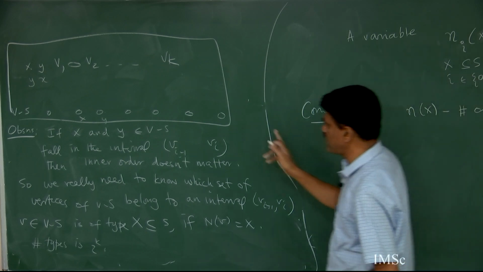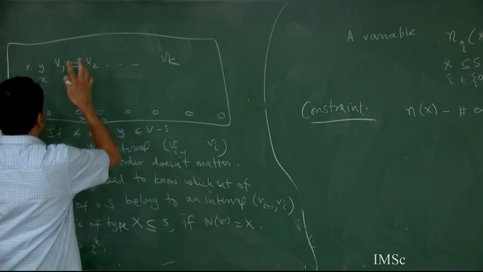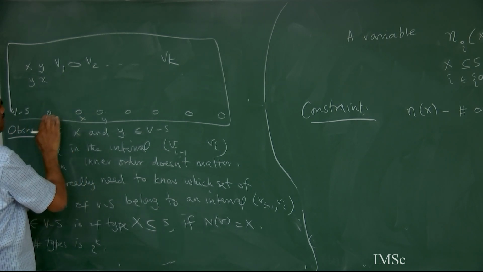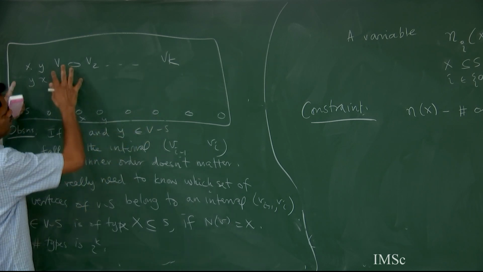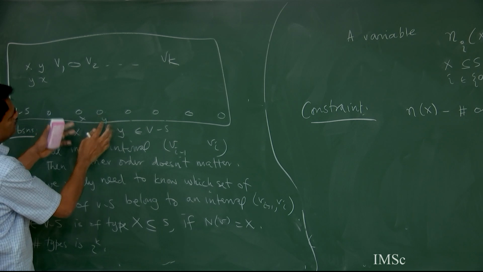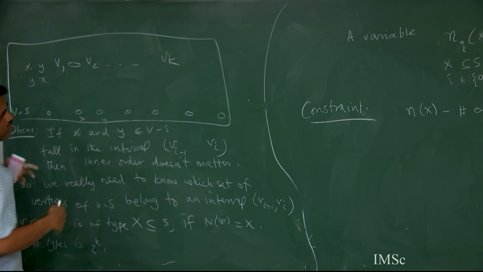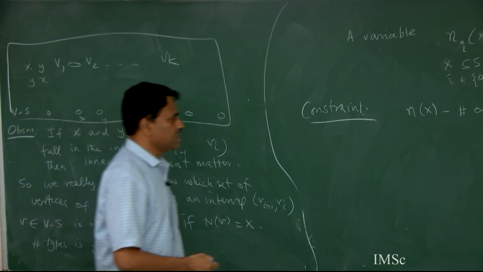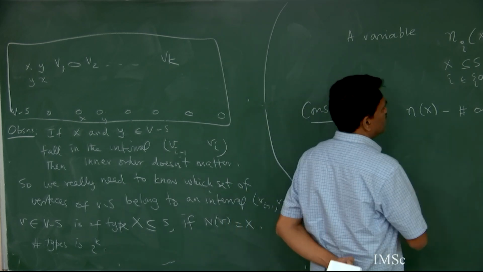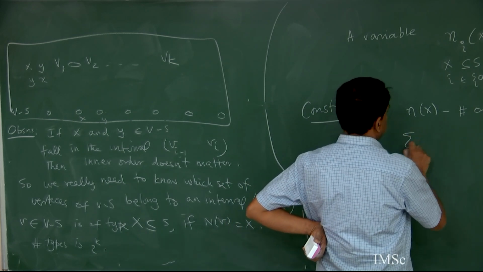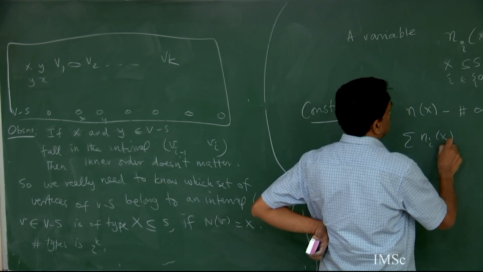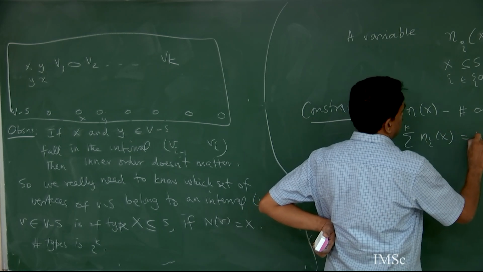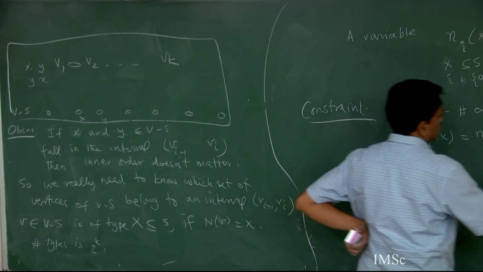From here, I look at their neighborhood. For this particular neighborhood, these 5 vertices belong to it, and another 10 will belong to another type. So for a particular x, let's write down the number of vertices of type x. Then the constraint is that the summation of n_i(x), where i goes from 0 to k, must equal n(x).